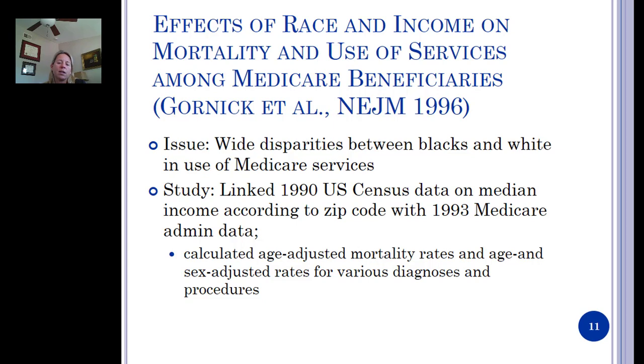So this particular study linked data from the 1990 census on data providing the median income using zip codes from 1993 Medicare data. And the study calculated age-adjusted mortality rates and age and sex-adjusted rates for various diagnoses and procedures.